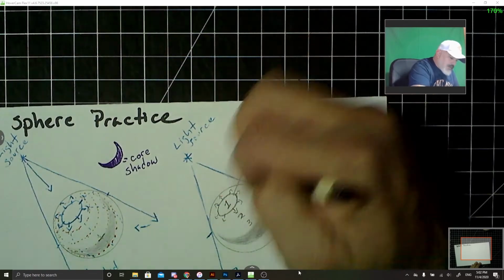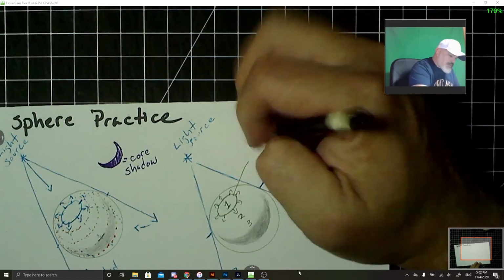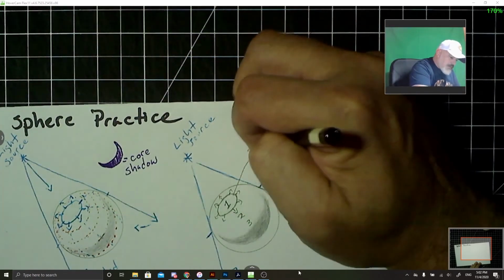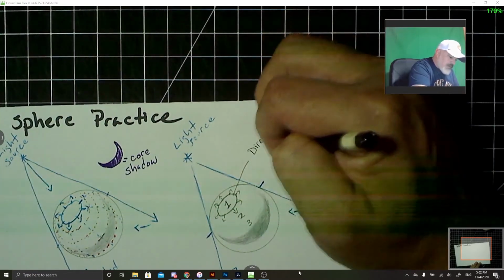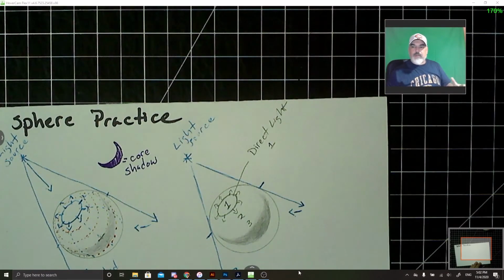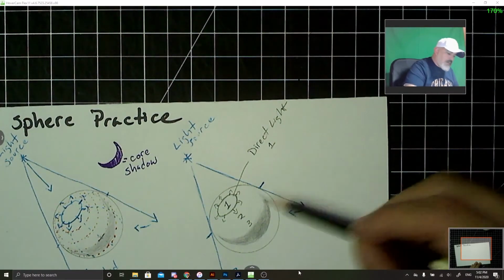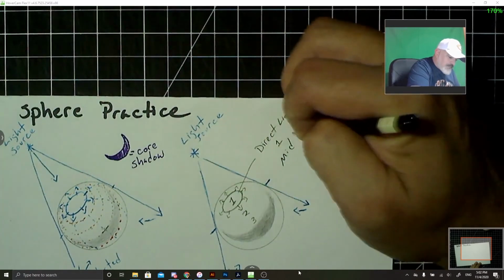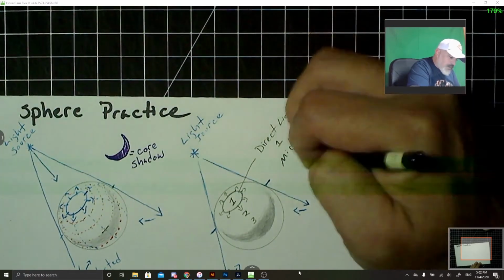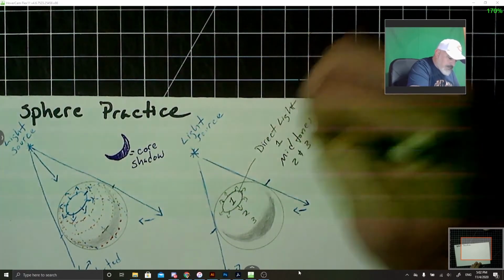And this right here is going to be my direct light. And I'm giving that a value. So we're talking about values. I'm giving that a value of 1. My midtones are going to be 2 and 3.